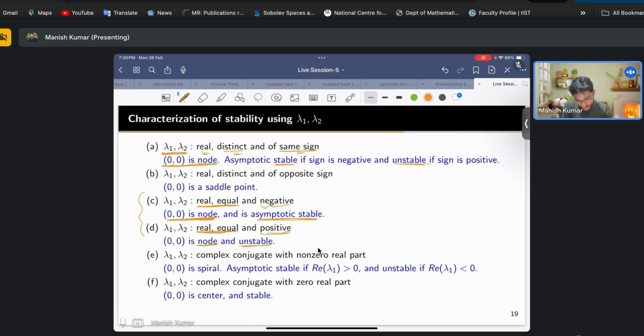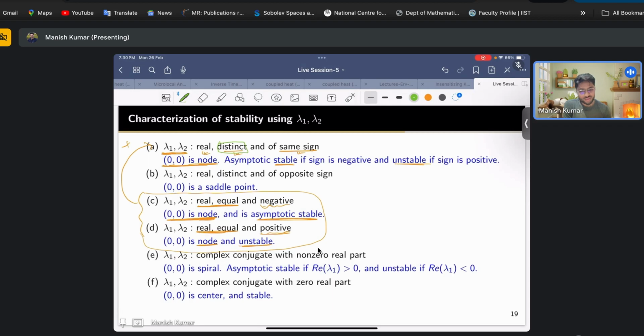I think these two can be merged. If they are real and of the same sign, that's good enough. So you can forget about this distinct condition. Real and of the same sign, then it is a node, and it will be asymptotically stable if it is negative and unstable if it is positive.